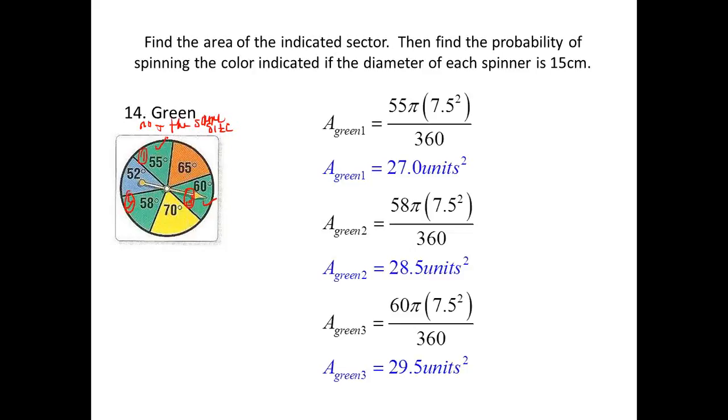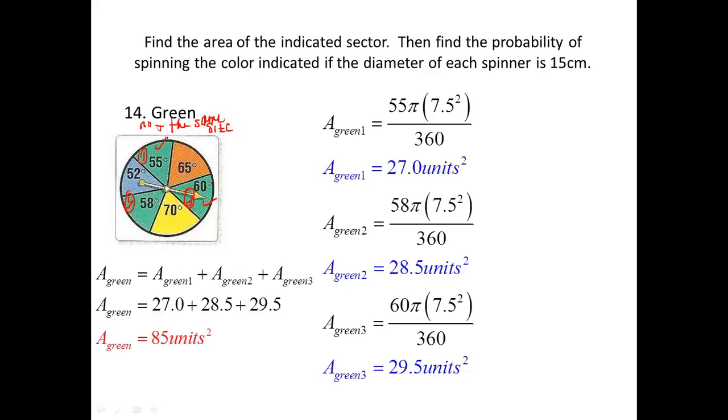And that's why I just call them green 1, 2, and 3. And the more work you have done on homework, you can go back and backtrack as to why an answer is not right. You can check that. Again, now that I have that, I can add them up. Gives me that amount for just the green. And once I do that, just like before, put over the entire circle, get a percent.